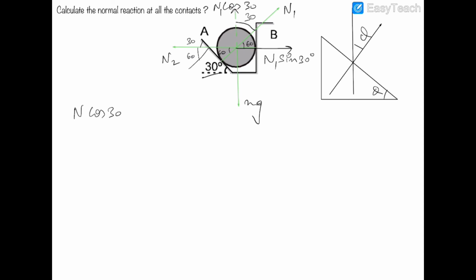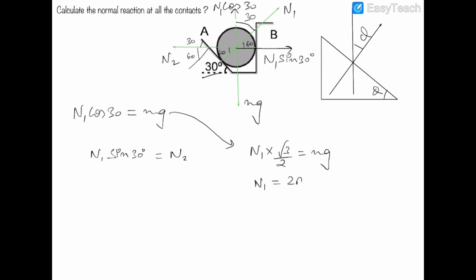Now, so N1 cos 30 will be balancing out mg, and N1 sin 30 will be balancing out N2. Now, calculating the value of N1 from this equation, we get N1 cos 30, which is root 3 by 2, equal to mg, and N1 will be equal to 2mg upon root 3.